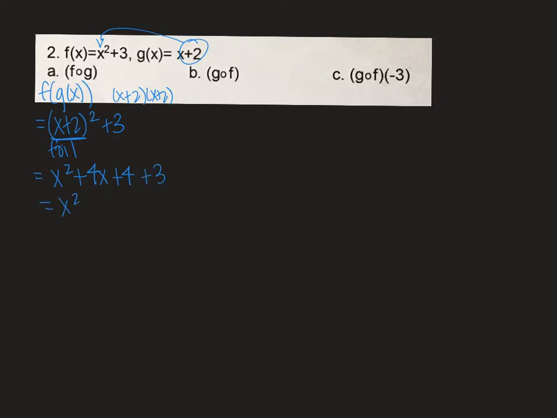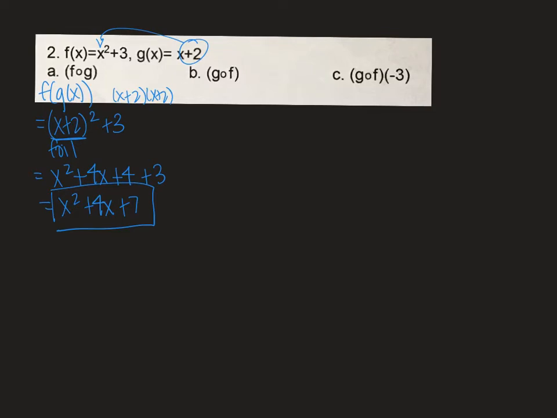So for f of g of x, we're going to take this x plus 2 and plug it in for x in f of x. So x plus 2 squared plus 3. Remember, you have to FOIL this, which would become x squared plus 4x plus 4 plus that 3, and then combine your like terms.